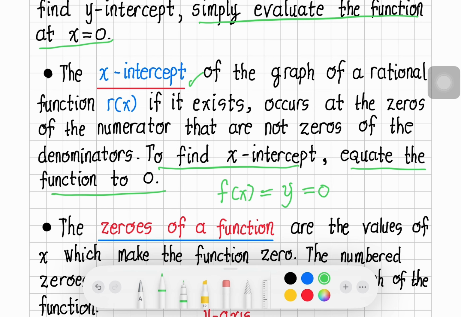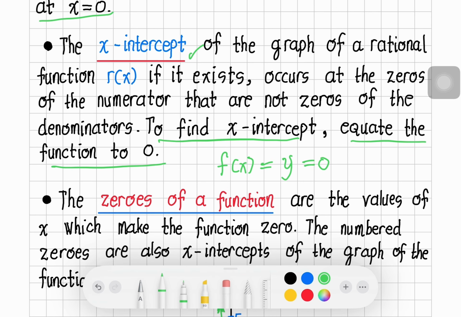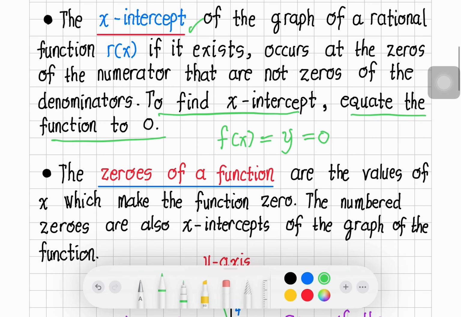And last, we have the zeros of a function, or the values of x which make the function 0. So guys, this means that to get the zeros of a function, we equate the numerator to 0. And of course, the zeros are also x-intercepts of the graph of the function.